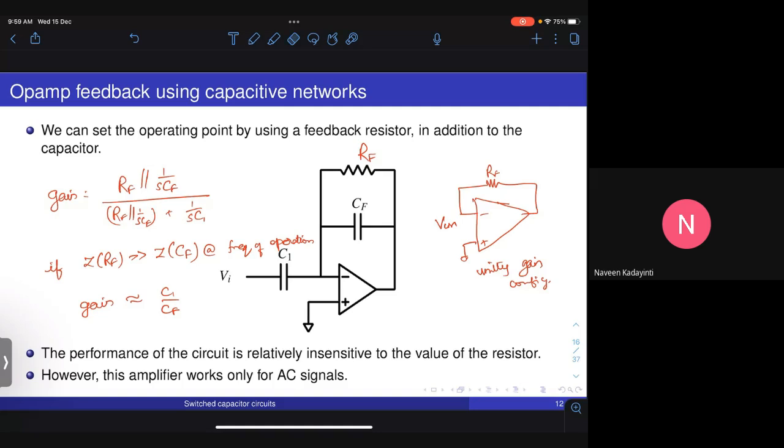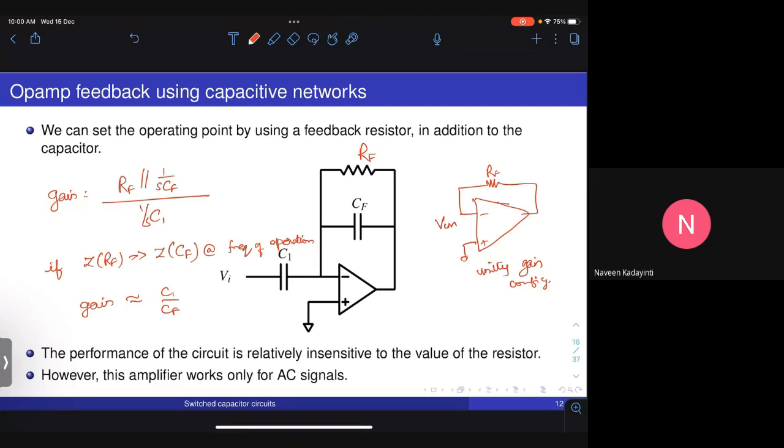Hey, this is wrong, right? This is 1 over S times C1. It should be ZF by Z1. Okay. So if the impedance of RF at the frequency of operation is much greater than the impedance of CF, then the gain will be almost equal to C1 by CF.